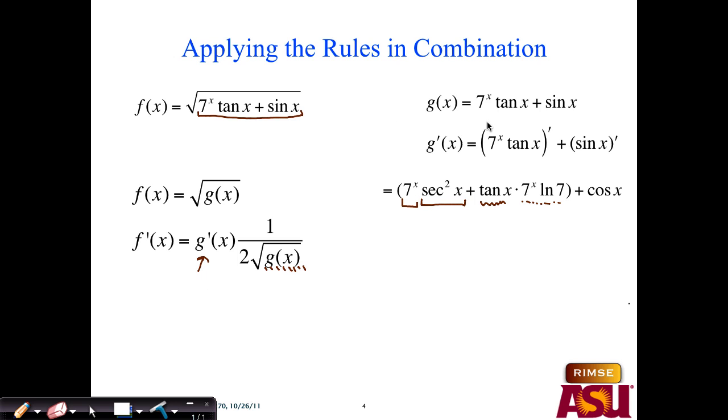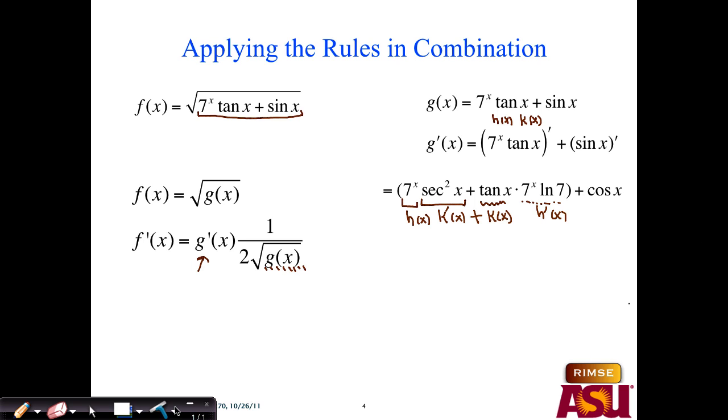But if you want to assign names to these, like call this h of x times k of x, or something like that, then this is h of x times k prime of x, and k of x times h prime of x. That's our product rule. Put the plus in there. And then there's just that plus cosine of x tagged on the end. That's the easy part. That's from the second term here.